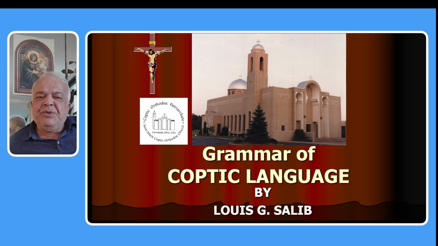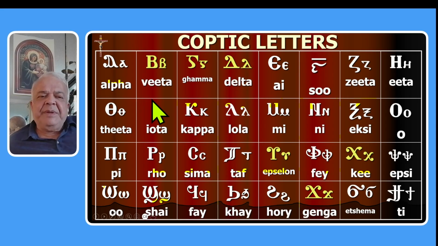we'll revise the Coptic alphabet as we usually do every time. The Coptic alphabet is formed of 32 letters.